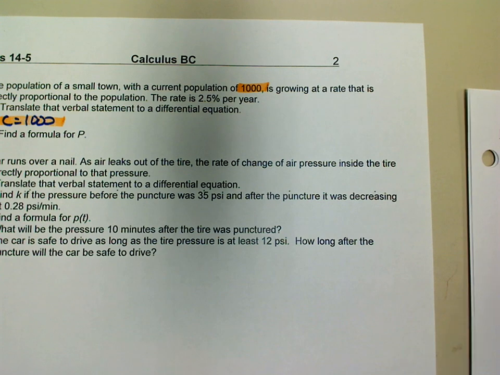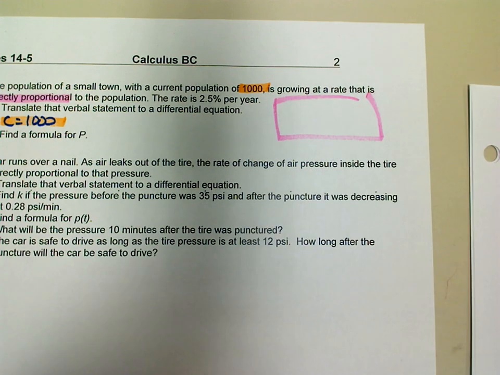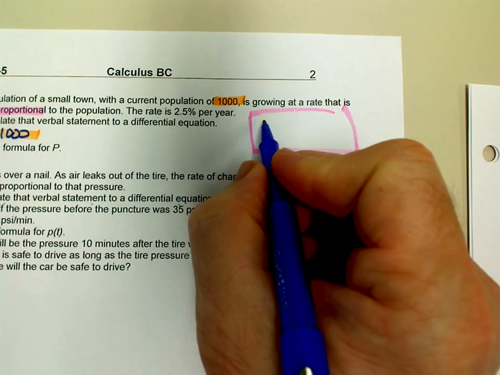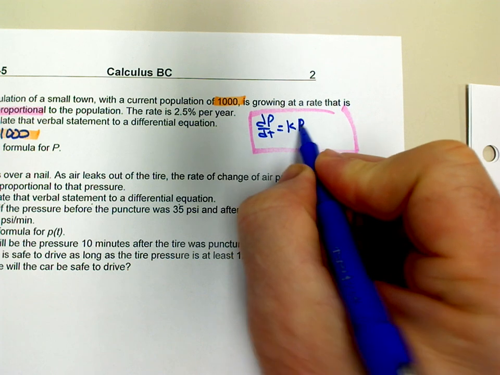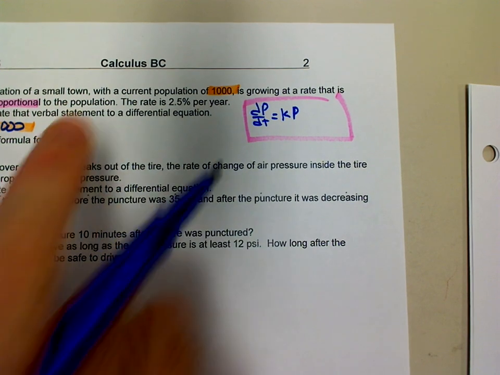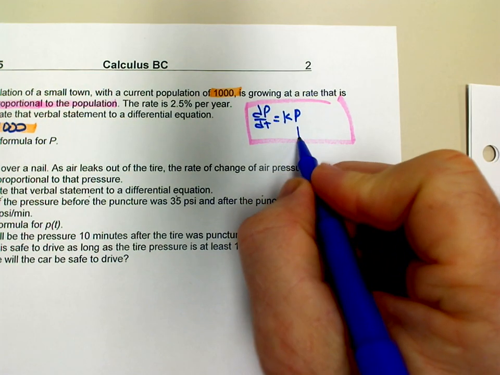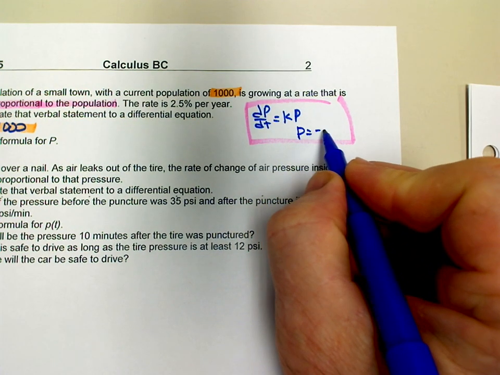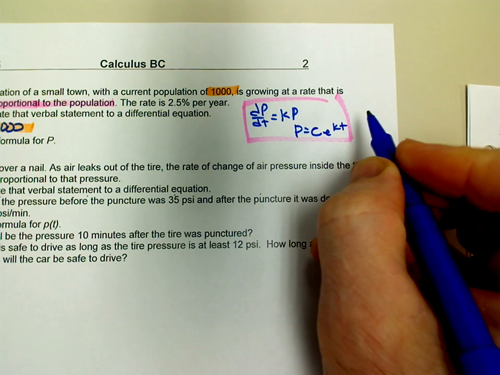Directly proportional to, that statement says we're set up with something like this. The rate of change of the population has to equal some constant times the population itself, is proportional to the population. In other words, P equals our constant C that we have over here times e to the kt.